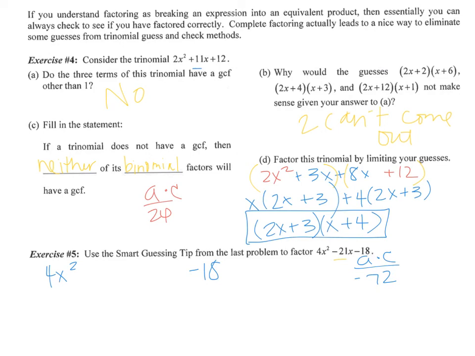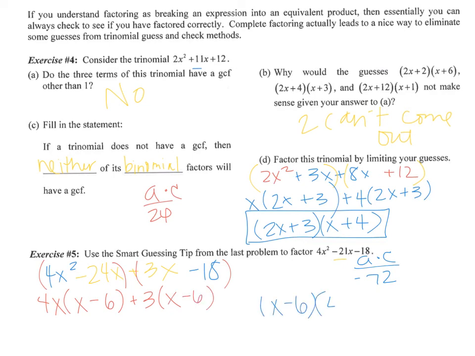So it's going to be 3 and 24. 24 is negative, so it comes first. 3 comes second. Make our binomials: 4x, and we have x minus 6, 3, and we have x minus 6. So our first one is x minus 6, and our second one is 4x plus 3.